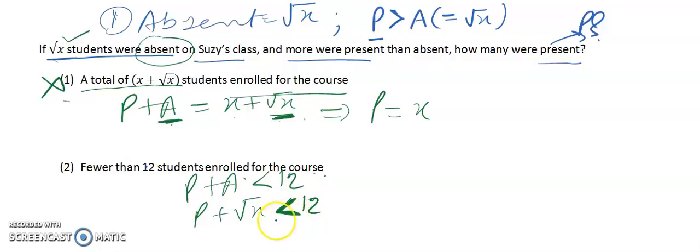And one more thing about root X: since the number of students absent will be a non-negative integer, root X must be a perfect square.